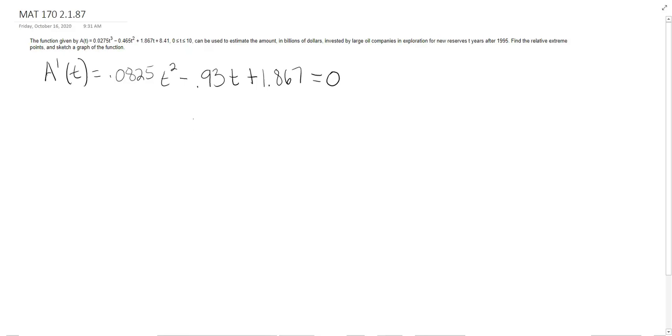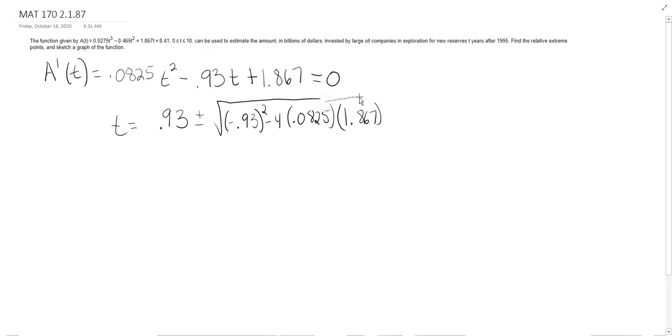The quadratic formula tells me that t equals the opposite of the b term. b is negative 0.93, so 0.93 plus or minus the square root of b squared, so minus 0.93 squared, minus 4 times a, 0.0825, times c, 1.867, and all of that is over 2a.